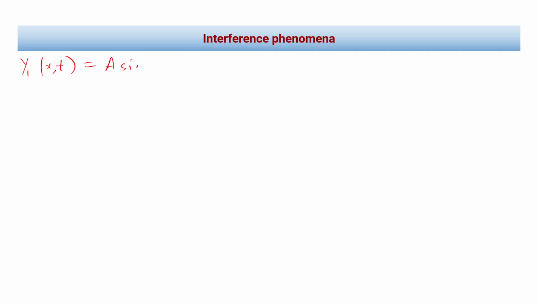I'm representing it like this, and it has some phase phi1. We can write harmonic motion in this form; these things as well we had discussed in experimental physics module 1, so you can refer to those videos. Here I am directly using that, representing my wave by this kind of equation.